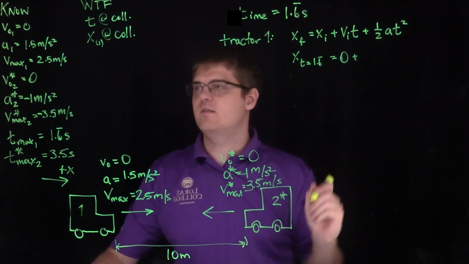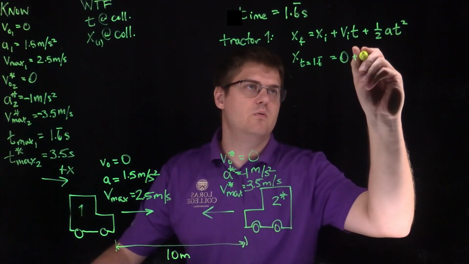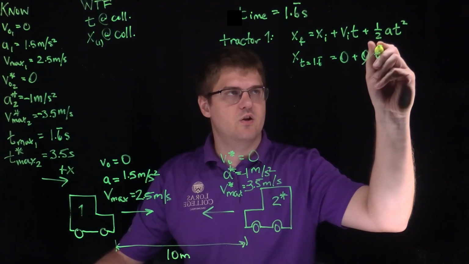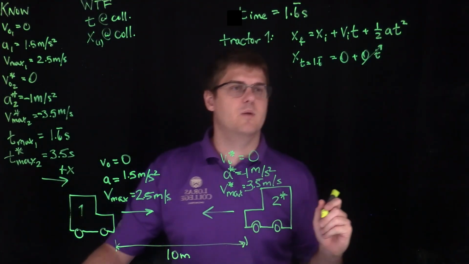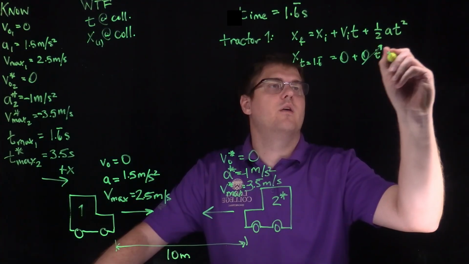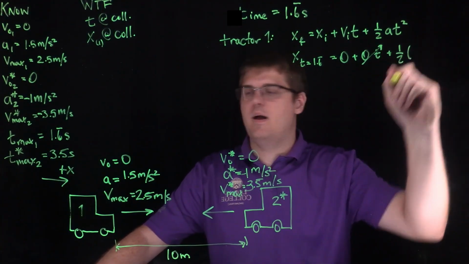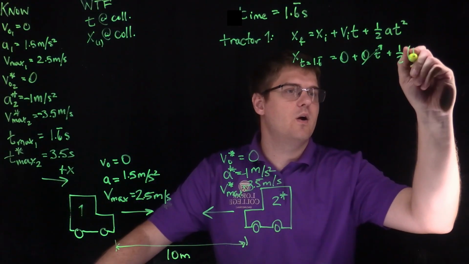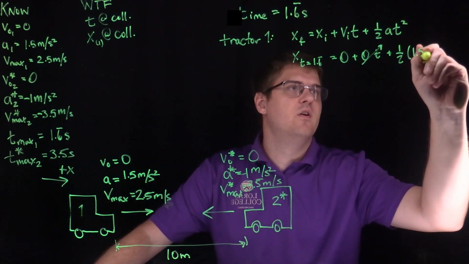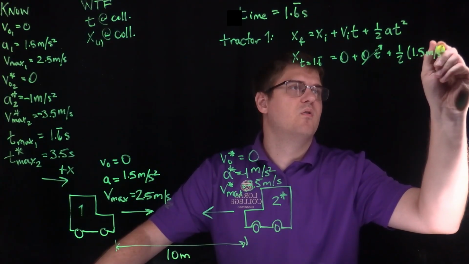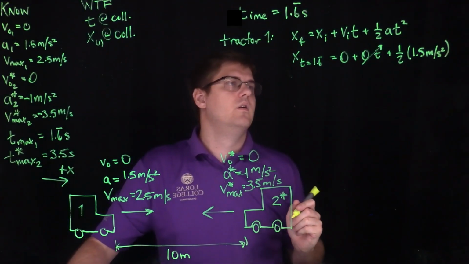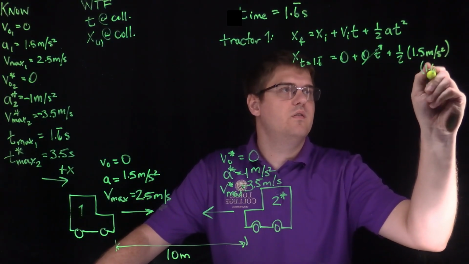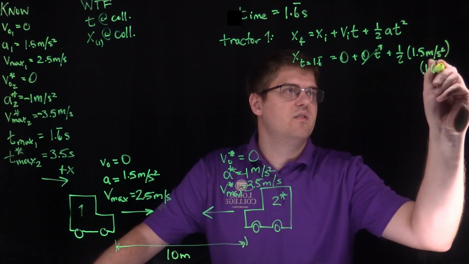Velocity initial is 0 times my time, which is just going to go away. So I'm not going to worry about writing that in there. Plus 1/2. My acceleration is 1.5 meters per second squared. And my time is 1.6 repeated seconds.